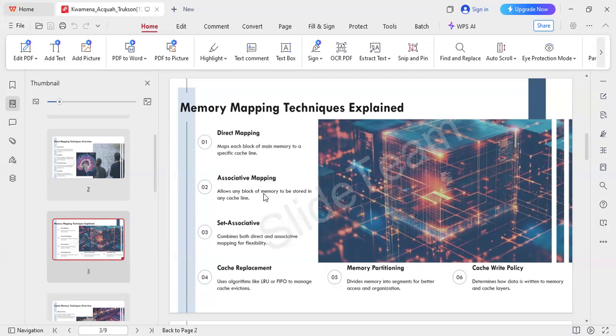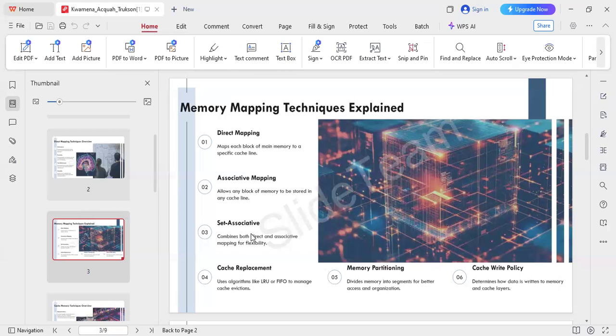And secondly, we have associative mapping. With this, any block of memory can be stored in any cache line. Its usage is flexible but requires more complex hardware for searching. So it's really flexible, but would require more complex hardware for searching.